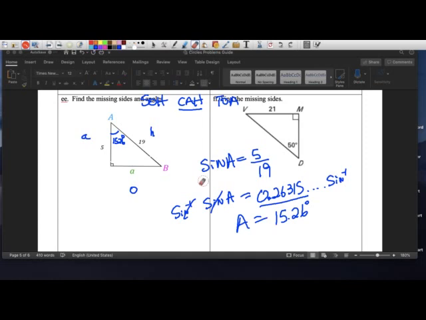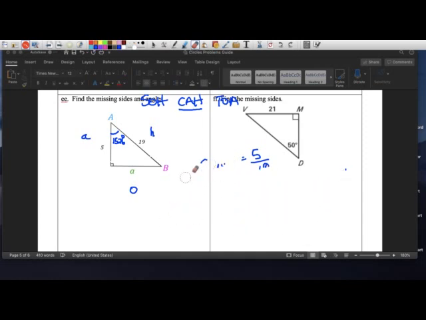Once I have that angle, finding the other angle is not that hard, because this is 90 and 15.26, so it's just going to be the difference. That angle over here is 74.77.